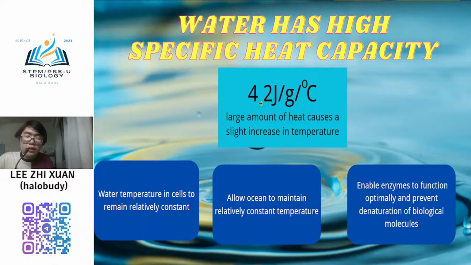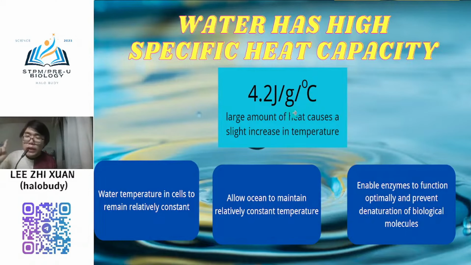That is why you can see this unit, 4.2 joule. This is the energy we need to use to increase 1 degree Celsius of water molecule in 1 gram of water.